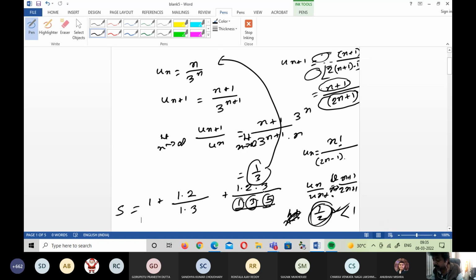What will be in the next term, in the u(n+1)? That will be one extra term. That will be 2 into (n plus 1) minus 1, 2n plus 2 minus 1. So okay, 2n plus 1. This is the extra term. That is only remaining. When you take the ratio, you'll get that together.